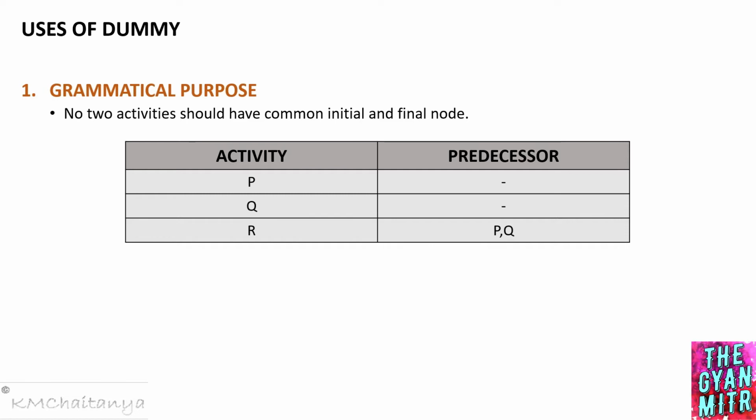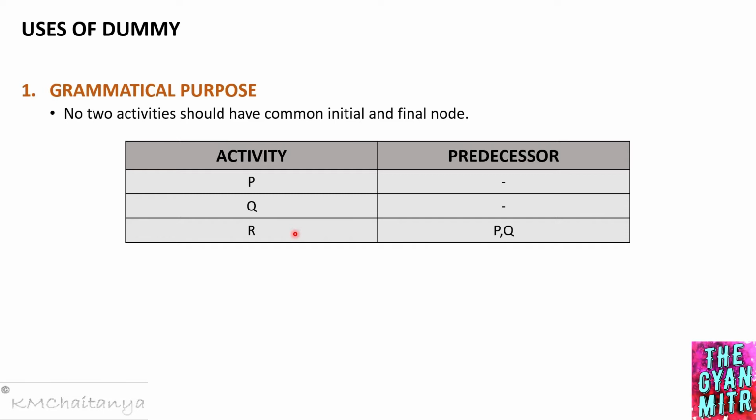Activities P, Q and R. If we look here, activity P and activity Q do not have any predecessor, whereas activity R has predecessor activities P and Q. Now let us try to draw the network diagram for the given activity and predecessor relation.